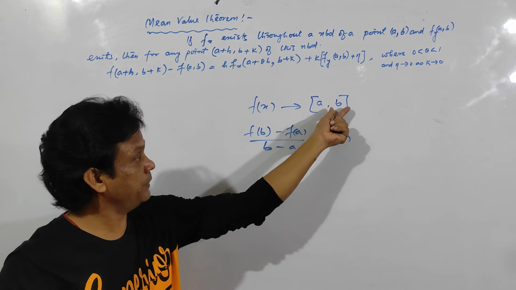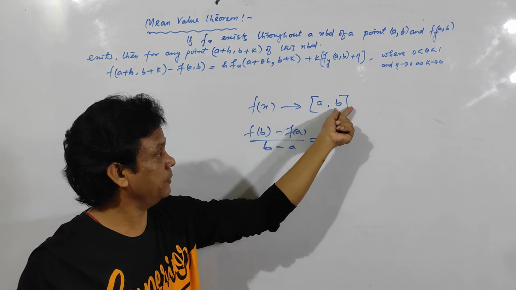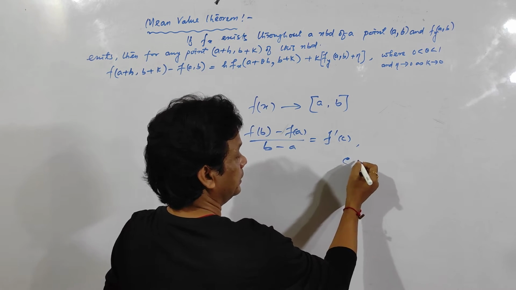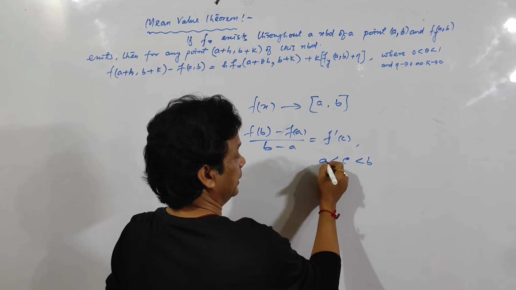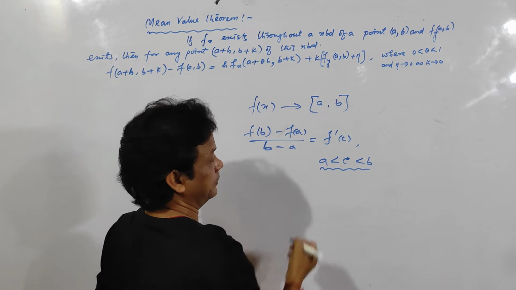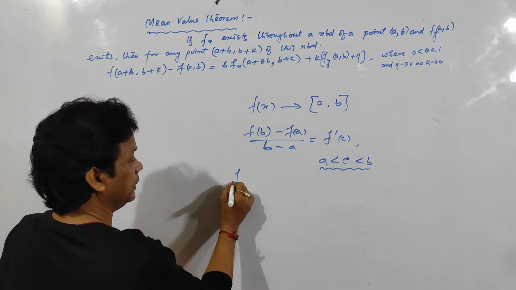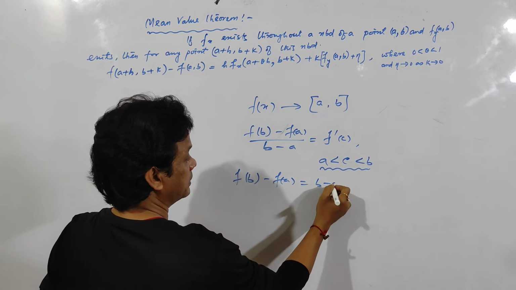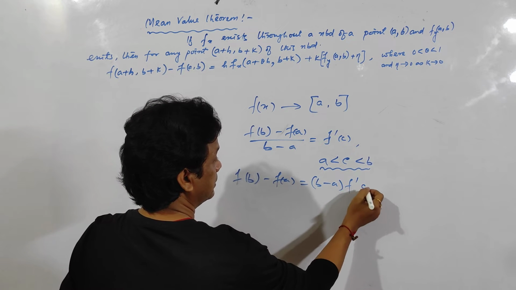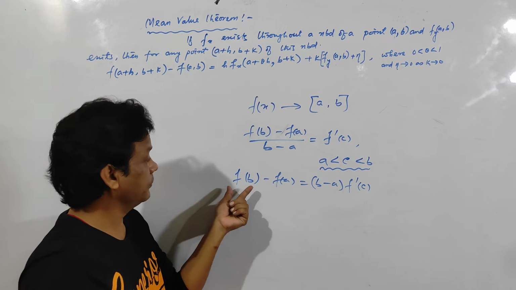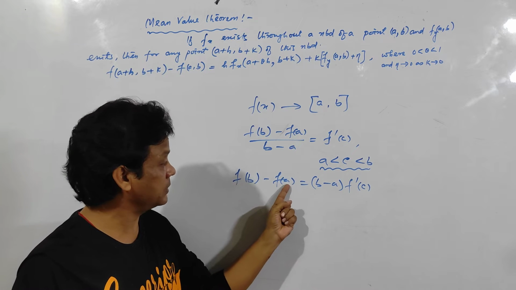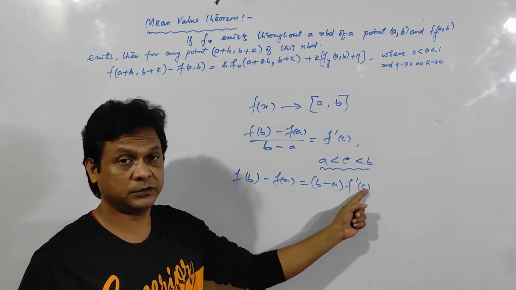What is c? c is less than b and greater than a. c lies between a and b. So I can write f of b minus f of a is equal to b minus a into f dash c.